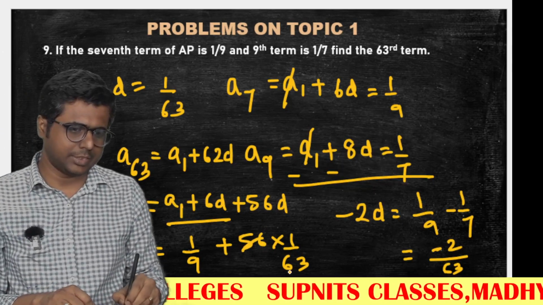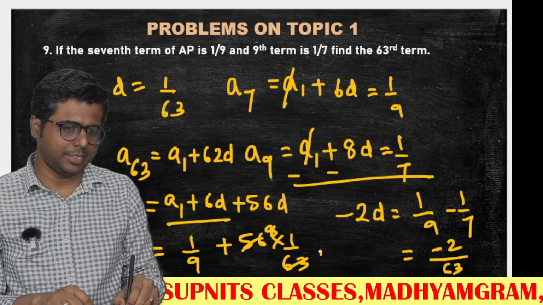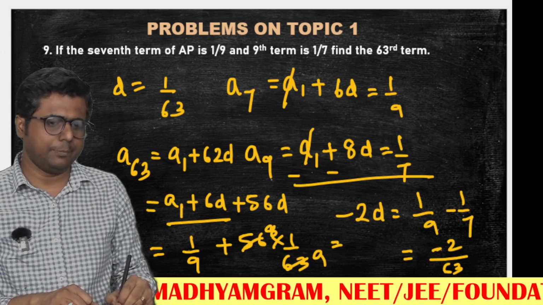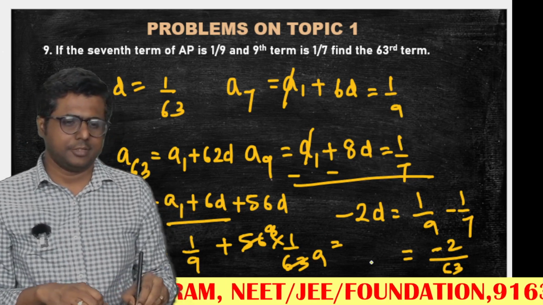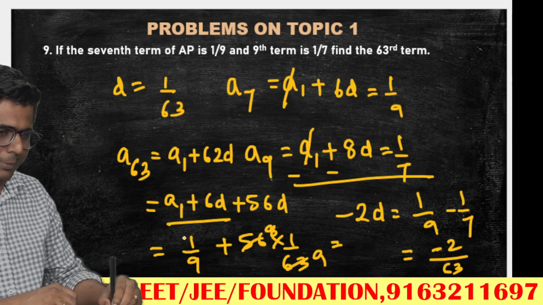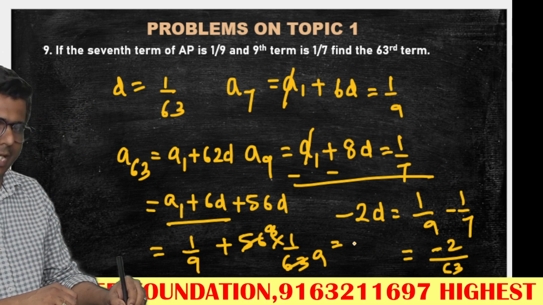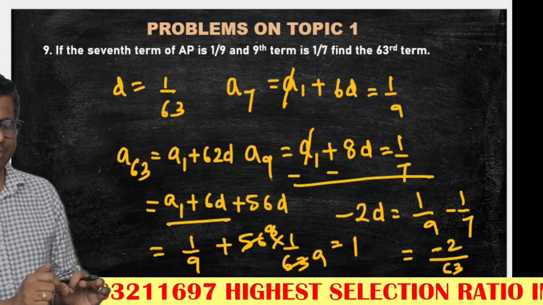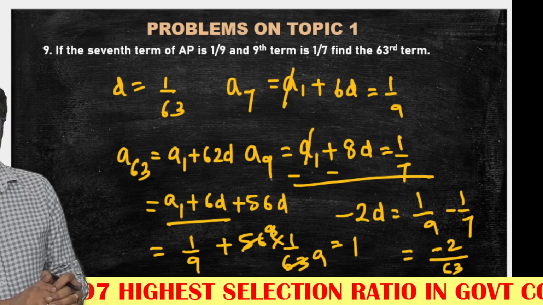So see here, this can be cancelled out, 8 by 9. So this is coming out to be 8 by 9 plus 1 by 9. Kindly look at this, 8 by 9 plus 1 by 9 will be 9 by 9 and the answer will be 1. Okay, very nice problem this one. Everybody got it?